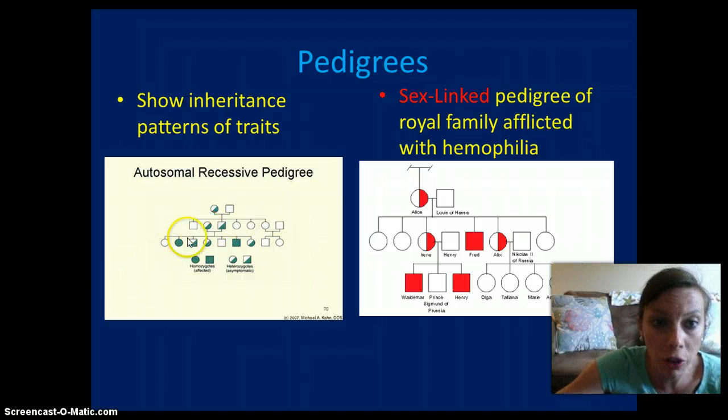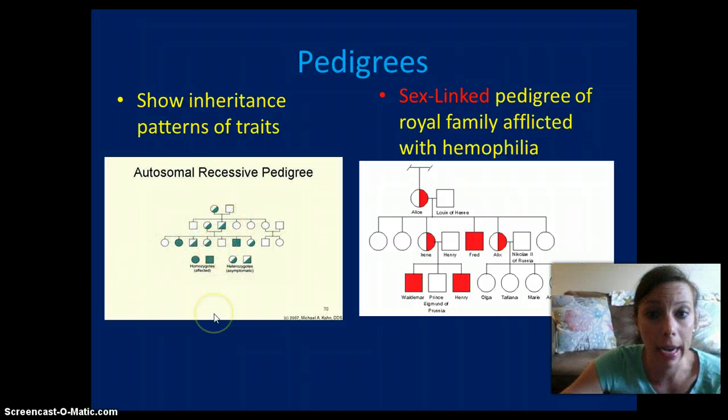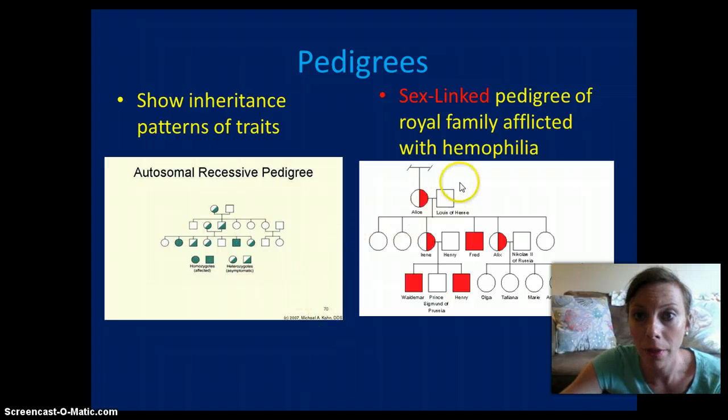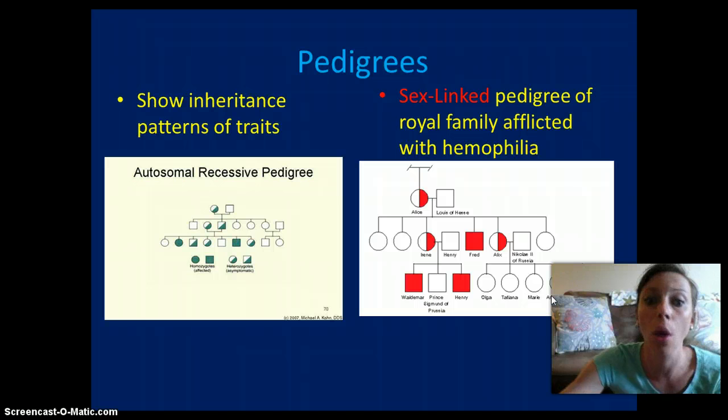If they are partially shaded, that means they are a carrier. So this here is just a pedigree of the royal family. It's a sex-linked trait, and the males, you can see, are the only ones that actually have the disorder. So sex-linked traits are more often shown in males than females.